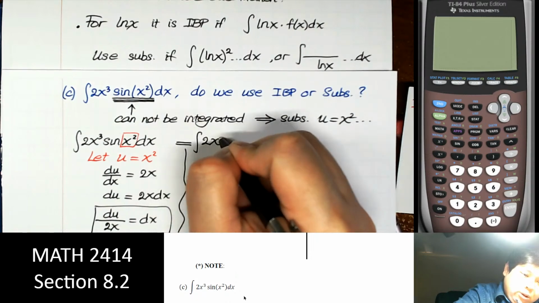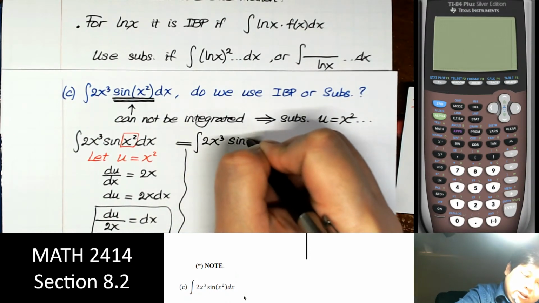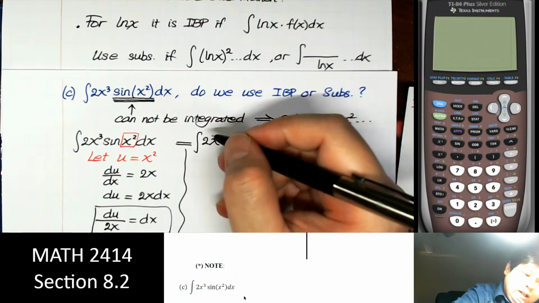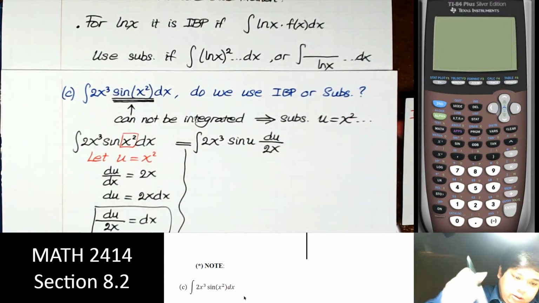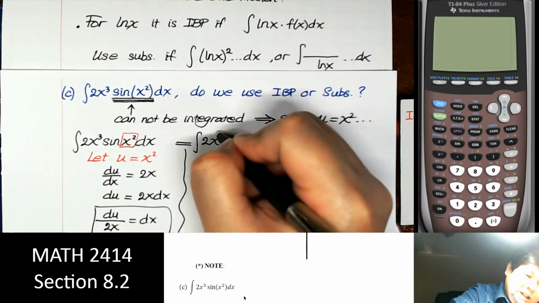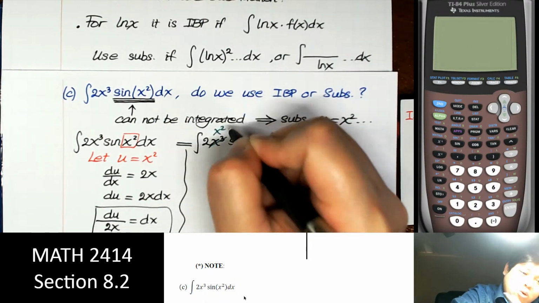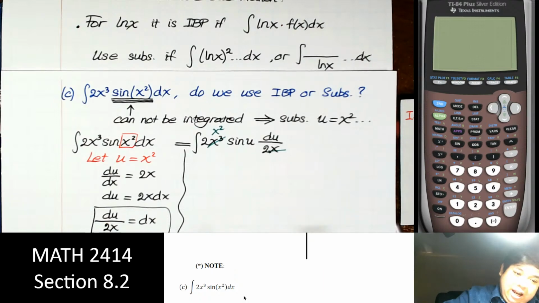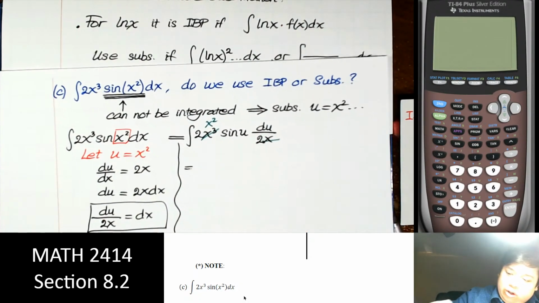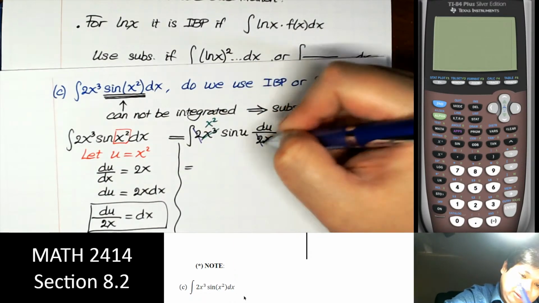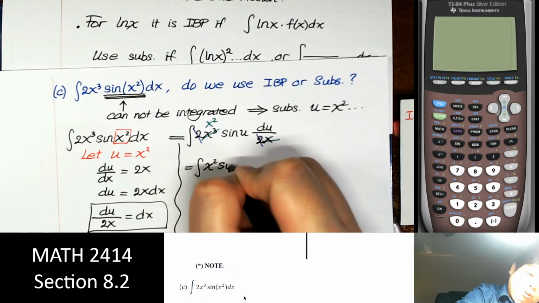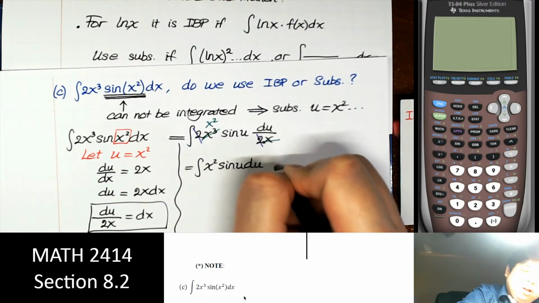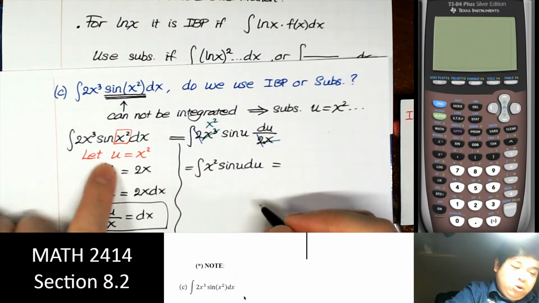So we have 2x cubed sine of u, and dx is du over 2x. We cancel an x, and x cubed cancels here. That gives us x squared left. And then the 2 over the 2 also cancel out. So I end up with x squared sine u du. Luckily, x squared is also u.